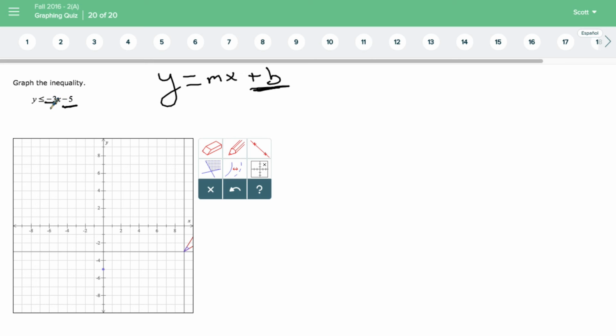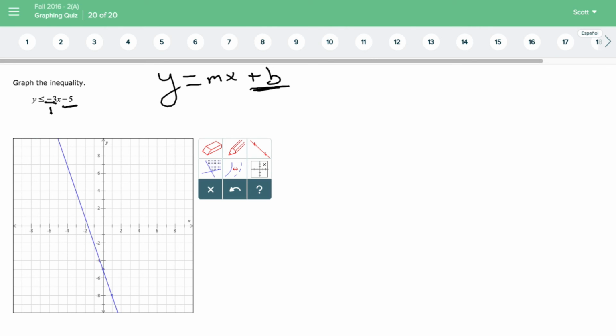Well, I need that to be over 1. Anytime you have a whole number, just put it over 1. So from my starting point, my y-intercept, I'm going to go down 3, 1, 2, 3, because that's a -3. And then over 1. And there's my other point. So here's my line.